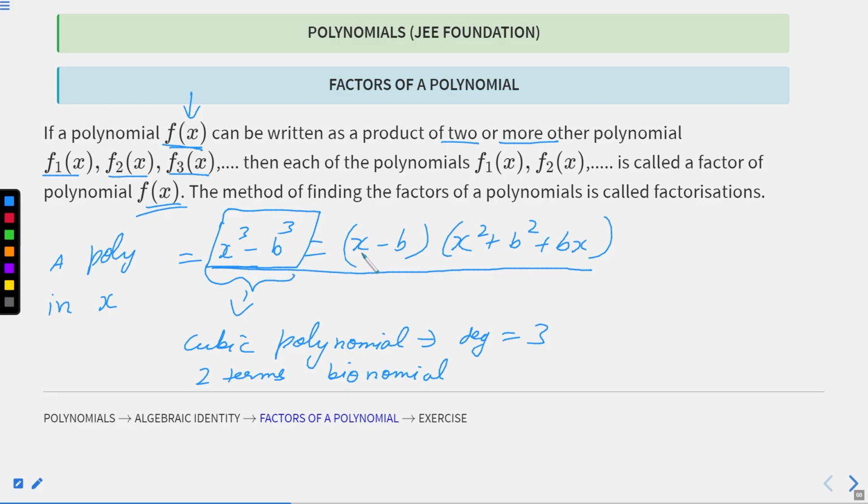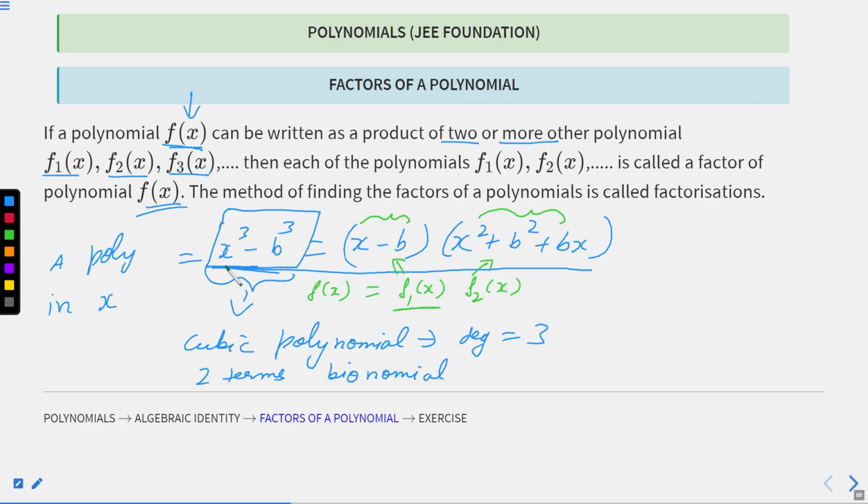Using the identity, this equals (x minus b)(x square plus b square plus bx). We can write polynomial f(x) as a product of two other polynomials. I name this one f1 and this one f2.